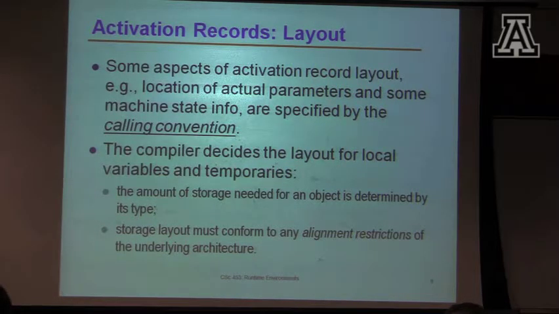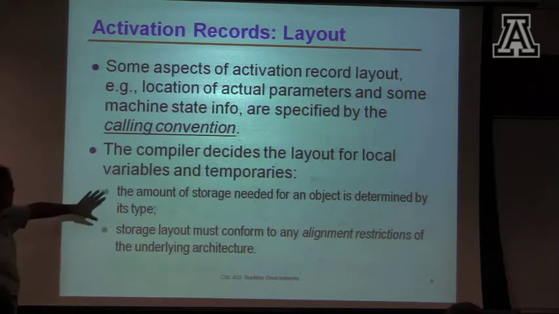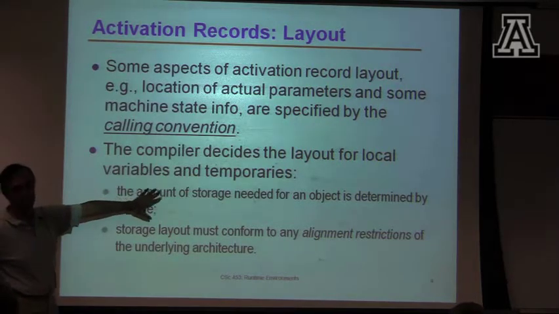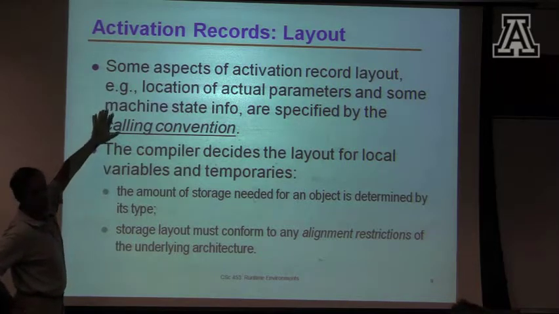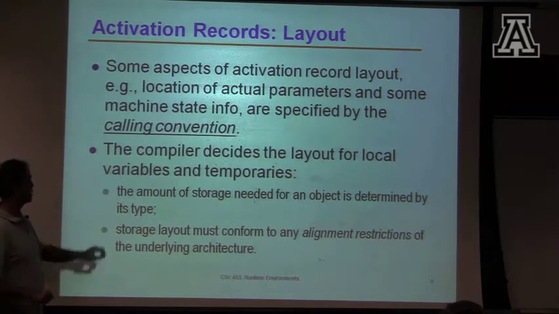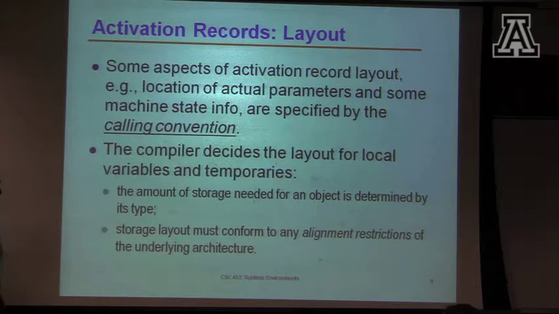Where does the return address live? This is specified by the calling convention. On the other hand, for local variables and temporaries, we'll talk about temps a little later on, this stuff, which is independent of the calling convention because no one else needs to know about it, gets decided by the compiler.